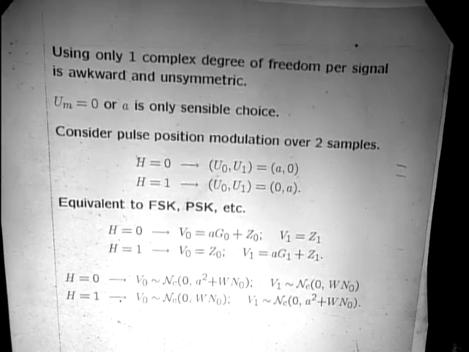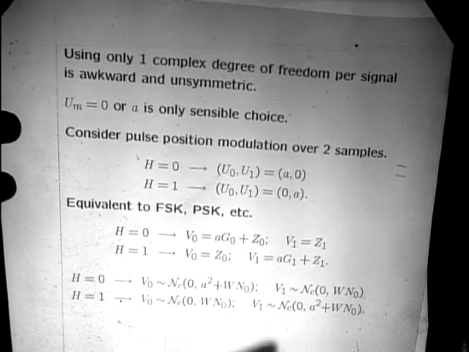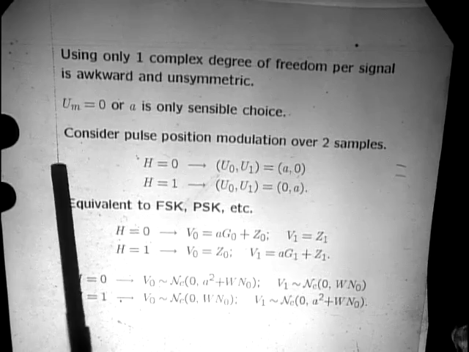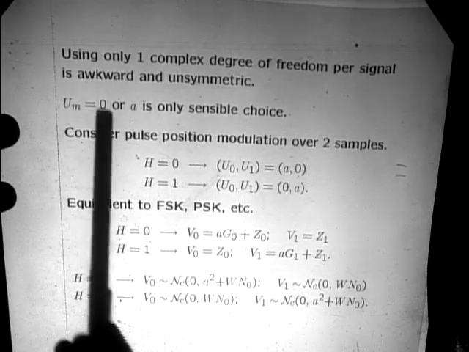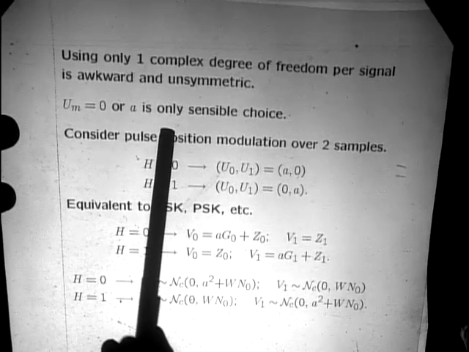Okay, if we only use one complex degree of freedom in a signal, namely if we try to send some signal, and we only use one input to the channel, and we only get one output, namely we send u sub 0, we get v sub 0, and we try to decide from v sub 0 what was sent, we're really in a very bad pickle at that point, because the only thing that makes any sense, since we can only use the magnitudes, is to send a very small magnitude or a positive magnitude.